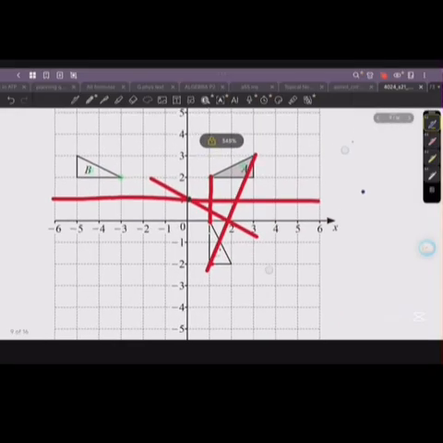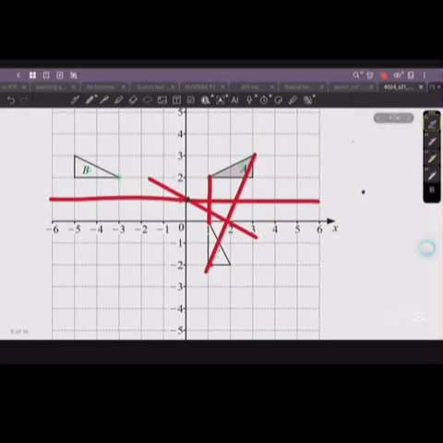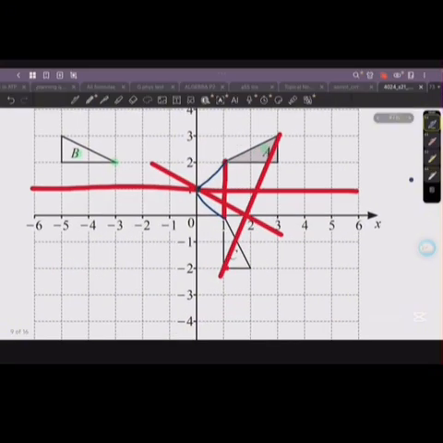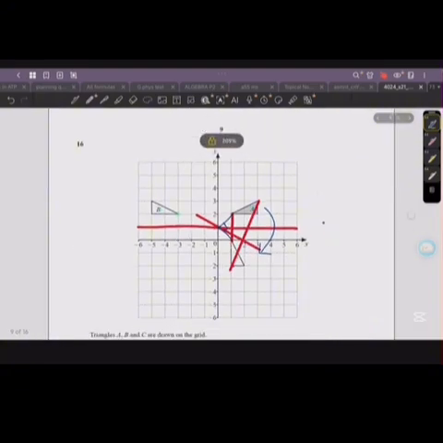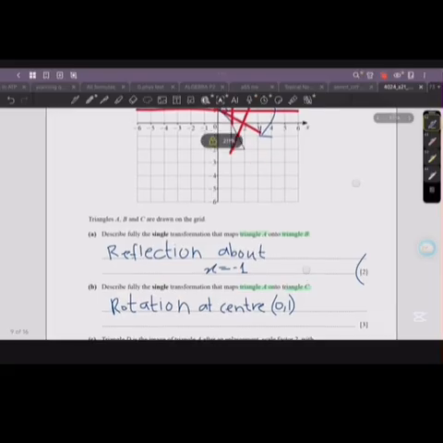So if you see over here closely, if you join these 2 points just like that, you can see that it is forming a right angle, which is of 90 degrees. So we can say that A is being rotated to triangle C by the rotation of 90 degrees.